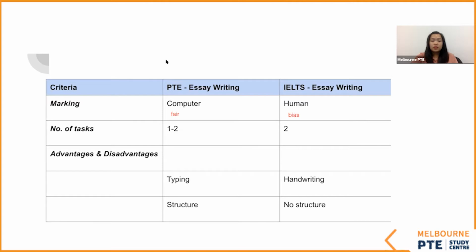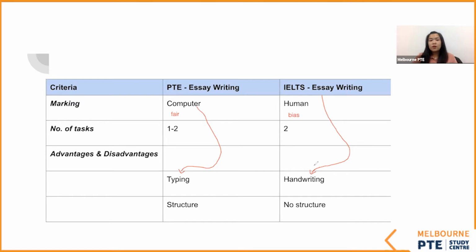Now, next one. The advantages and disadvantages of PTE and IELTS. For PTE, because it's a computer exam, you need to type, okay? So mainly you will have to practice your typing skill, okay? Right, now for IELTS, because it's a paper exam, you need to write and you need to use your handwriting. That's the thing. So which one is easier?